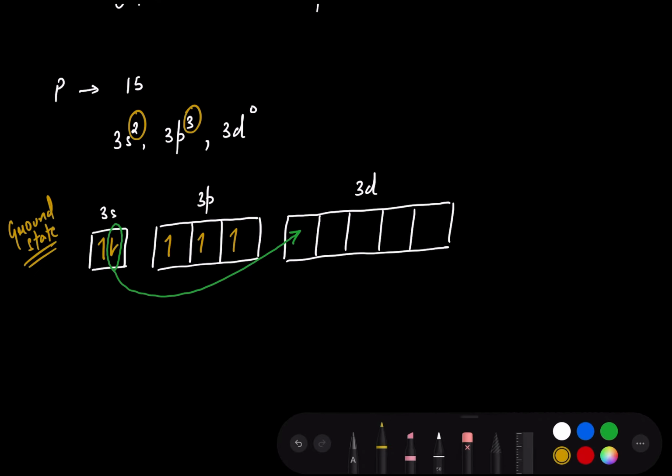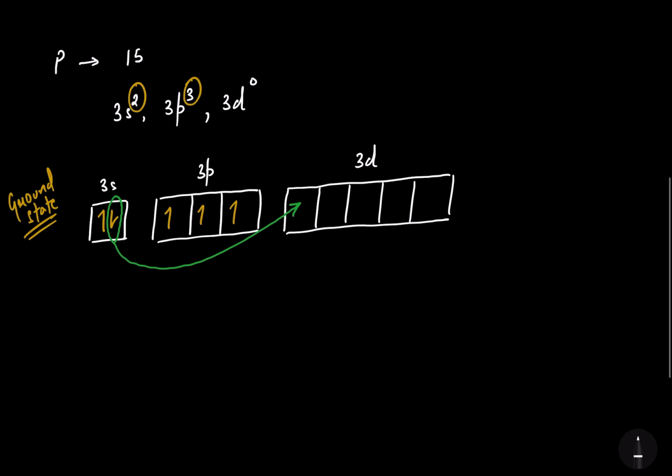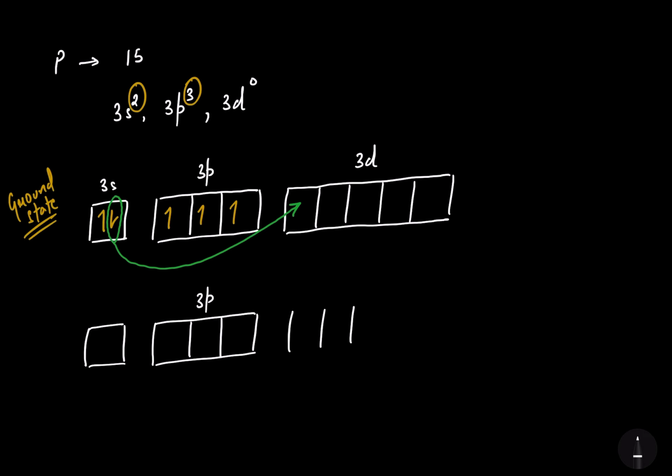So let's make the excited state. Firstly, this is the 3s orbital. These 3 are 3p degenerate orbitals, and these 5 are 3d degenerate orbitals.